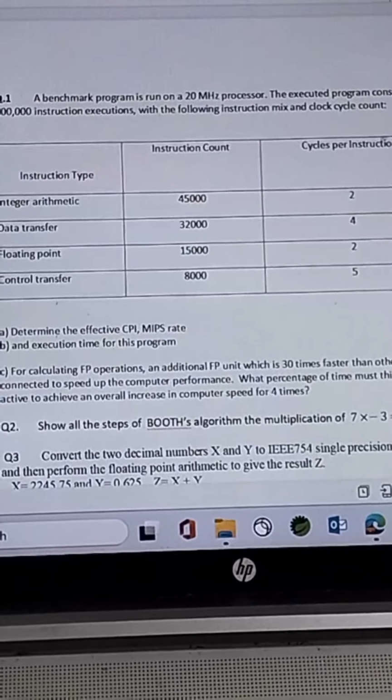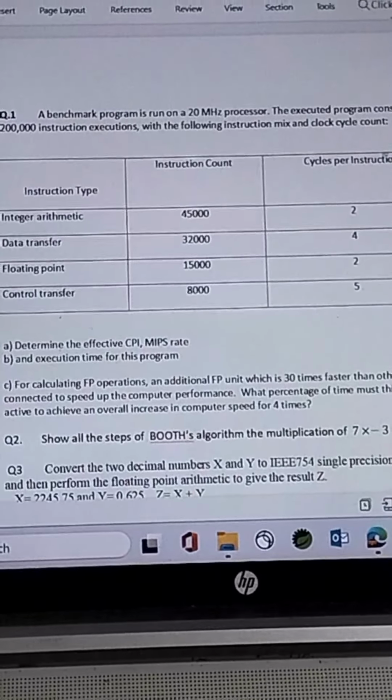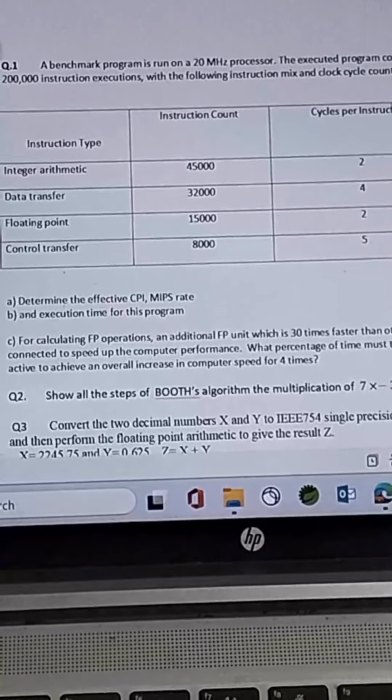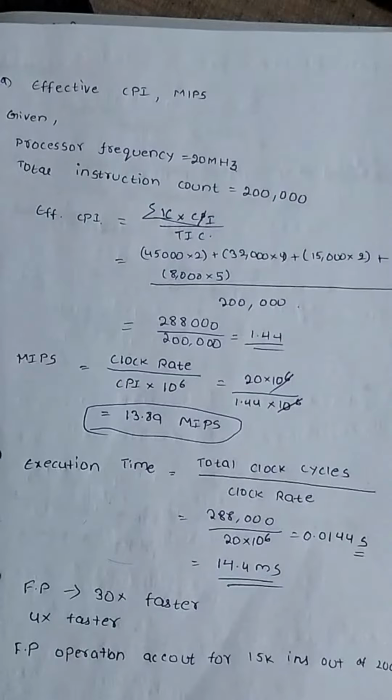So what we need to do is multiply 45,000 into 2 plus 32,000 into 4 plus 15,000 into 2 plus 8,000 into 5. We have to multiply and add. That is what I have done here.